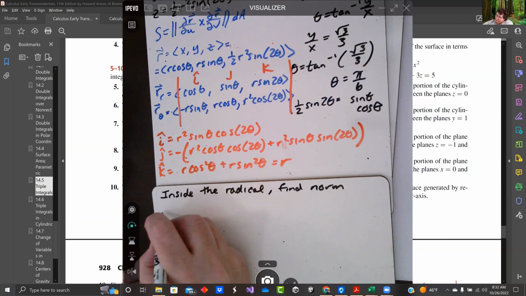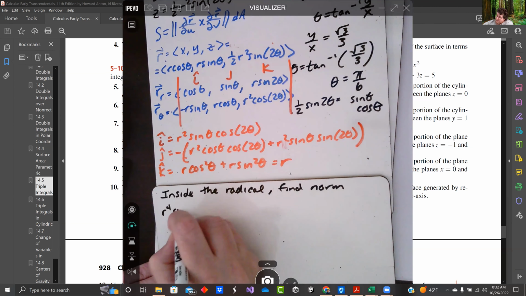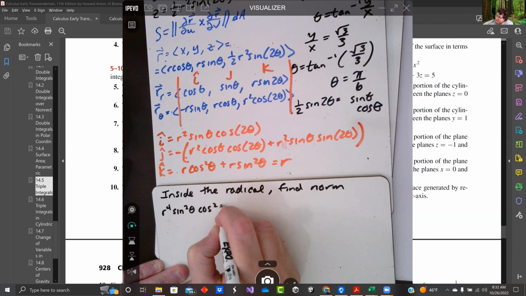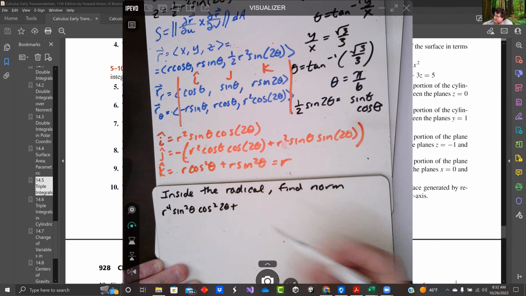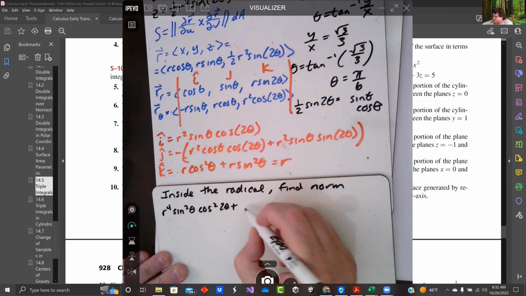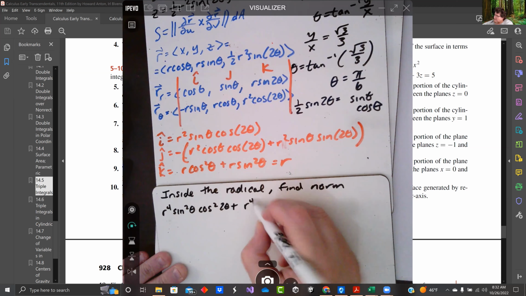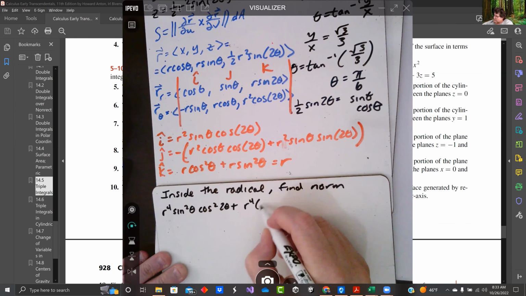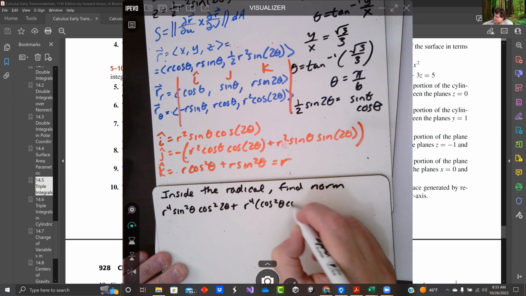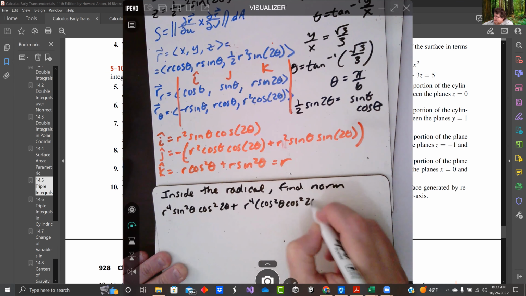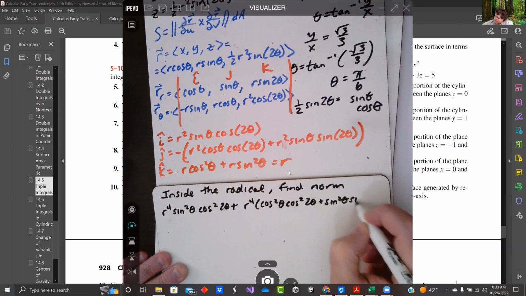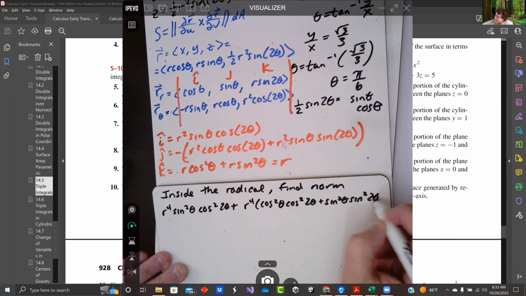So I've got R to the 4th sine squared theta cosine squared 2 theta, plus R to the 4th cosine squared theta cosine squared 2 theta plus sine squared theta sine squared 2 theta.